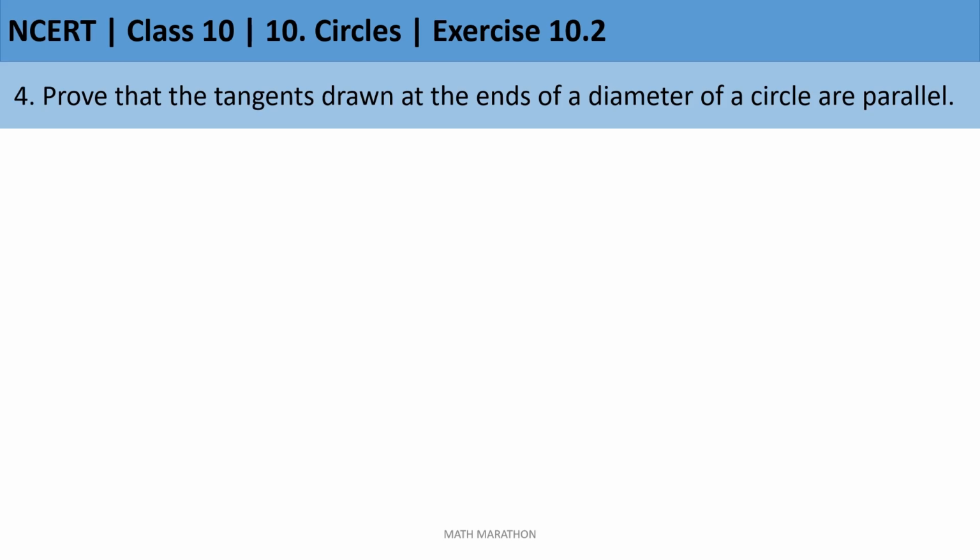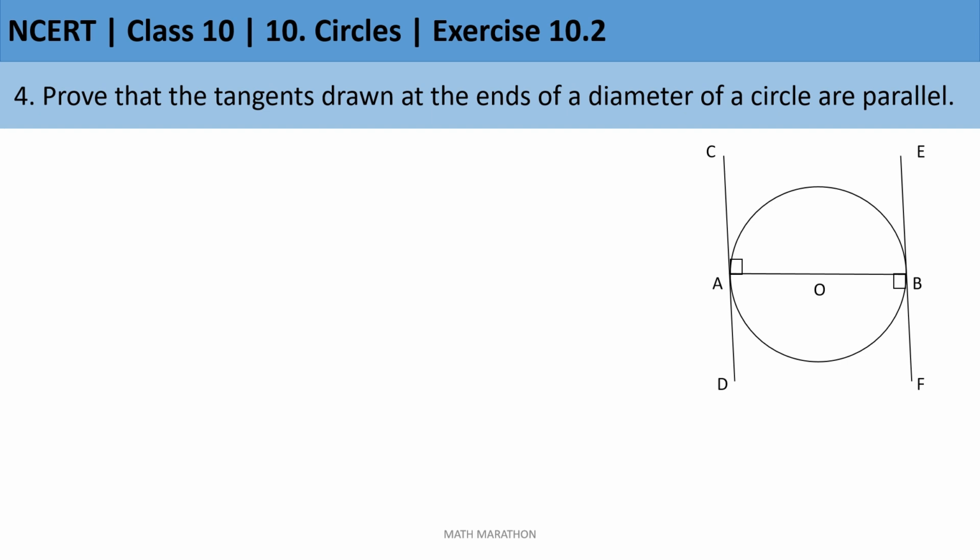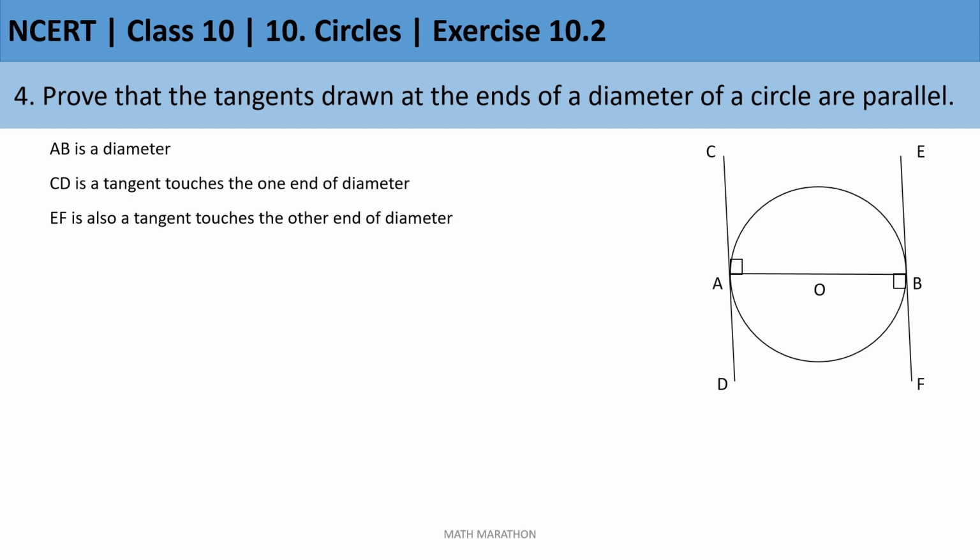Prove that the tangents drawn at the ends of a diameter of a circle are parallel. AB is a diameter. CD is a tangent touches the one end of diameter. EF is also a tangent touches the other end of diameter.